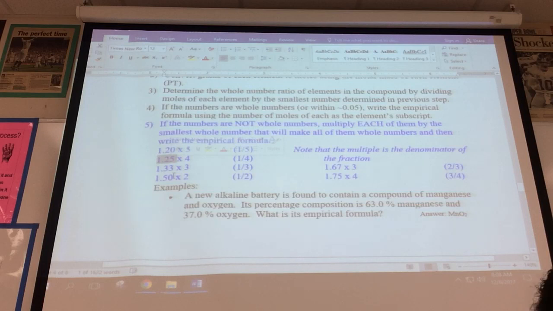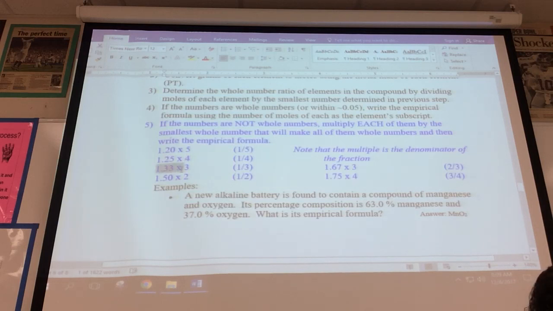If you got 1.25 or 4.25 or anything 0.25, 0.25 is 25 hundredths, or 1/4. So the fraction right here is equivalent to this piece, and you would multiply by the denominator of the fraction, which is 4.